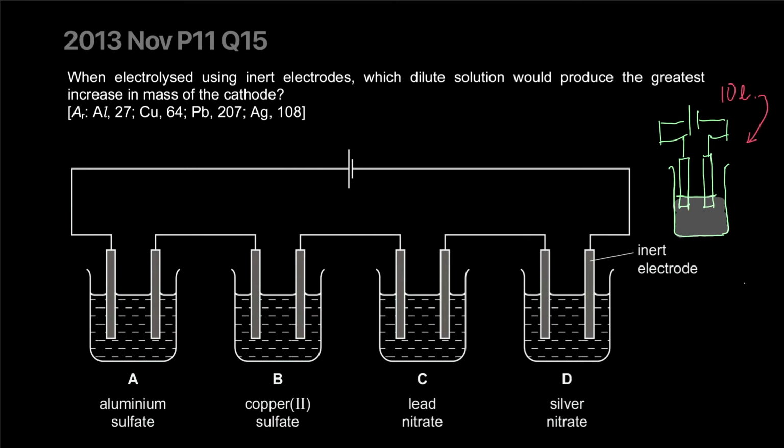If there are 10 electrons going in here, whatever reaction takes place over here, I'm sure it's going to be some sort of metal discharging, a positive metal absorbing electrons and discharging, or even hydrogen. What happens is, on the other side, this solution also produces 10 electrons. The negative ion over here will produce the same amount of electrons, and so the total change in electrons remains the same.